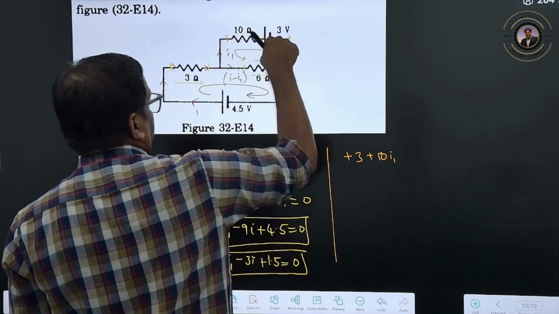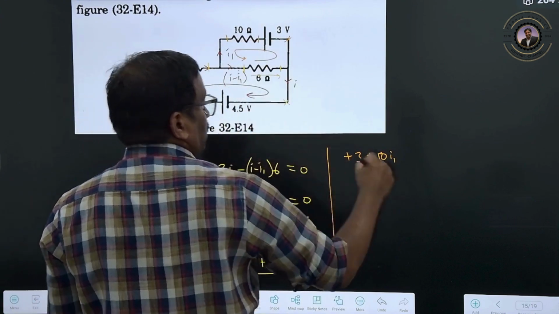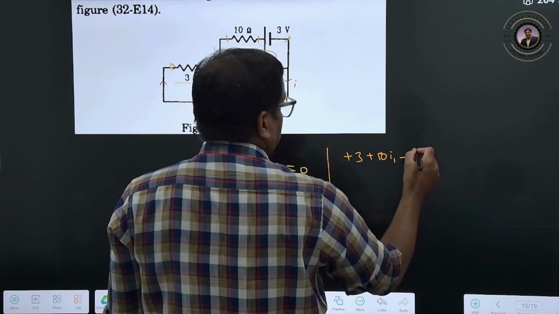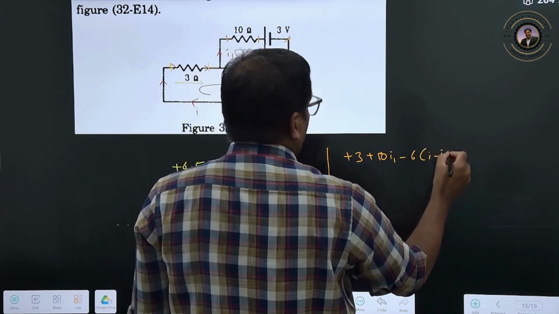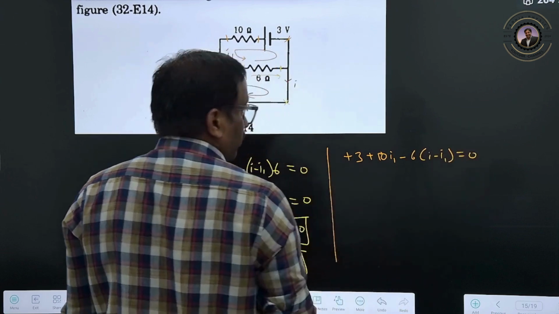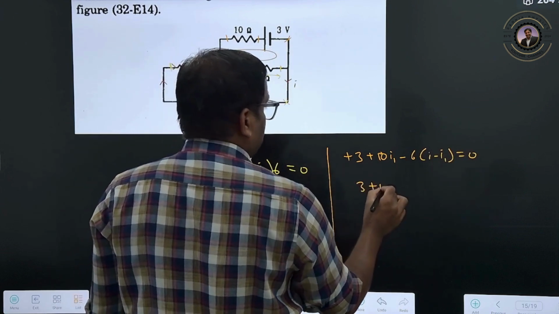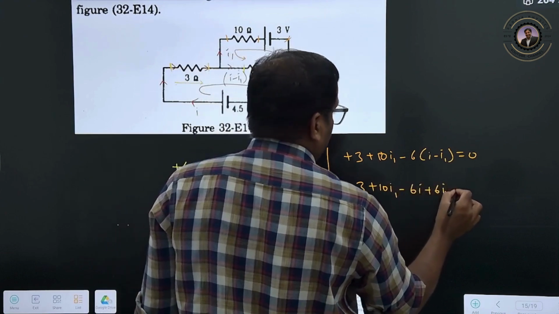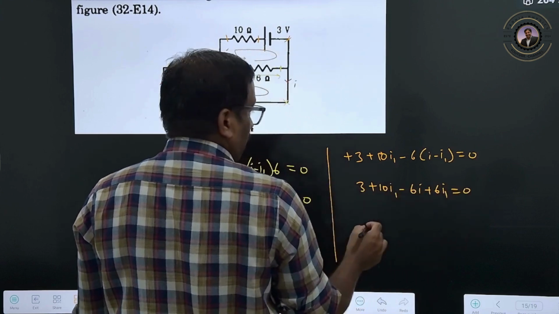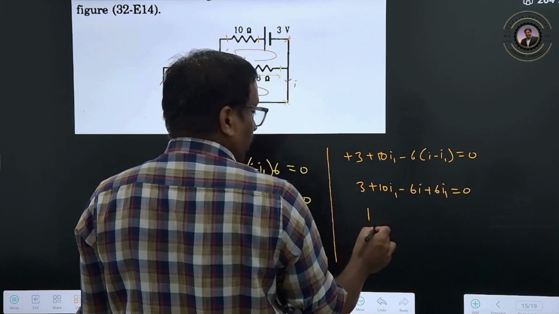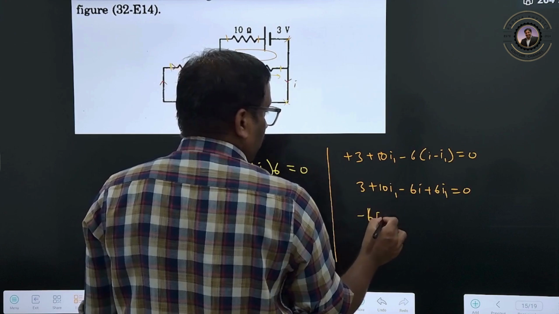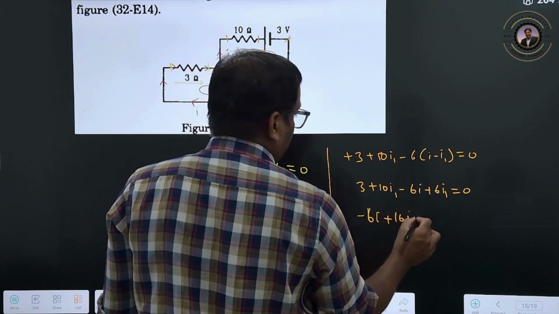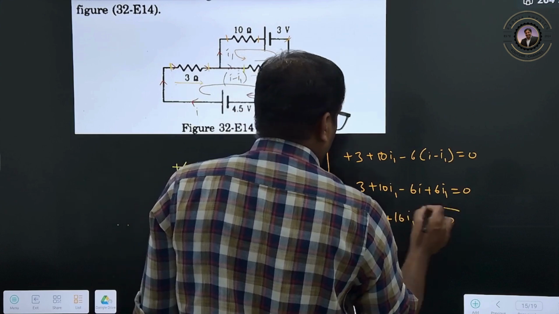Now I am going from here to here, higher to lower, minus 6 into I minus I1, equal to 0. So 3 plus 10I1 minus 6I plus 6I1 equals 0. Therefore minus 6I plus 16I1 plus 3 equals 0.